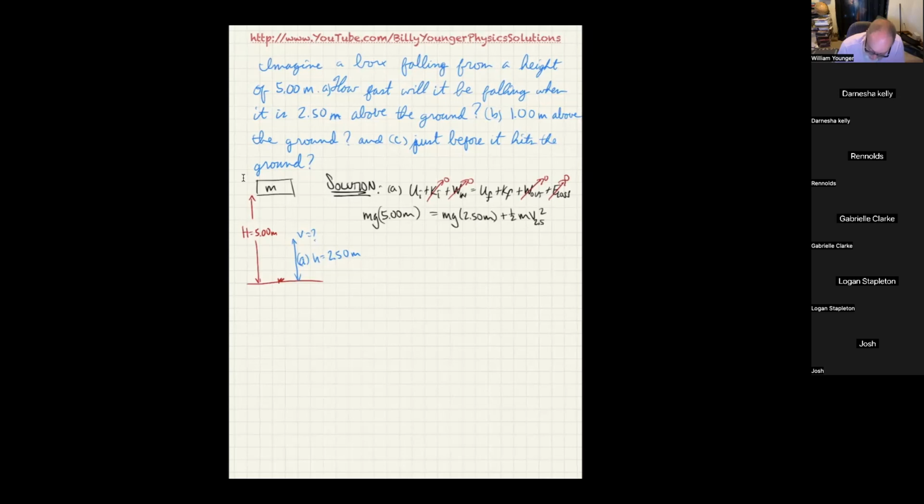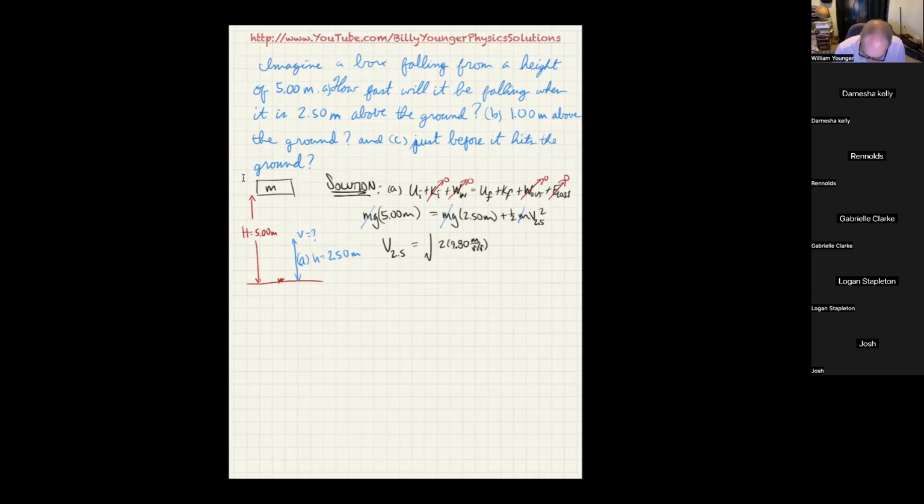And you can see that the M's all cancel out. That literally means I can divide both sides of the equation by M and they disappear. And in doing so, I can now say that v 2.5 is equal to the square root of 2 times 9.80, that's the g, meters per second squared.